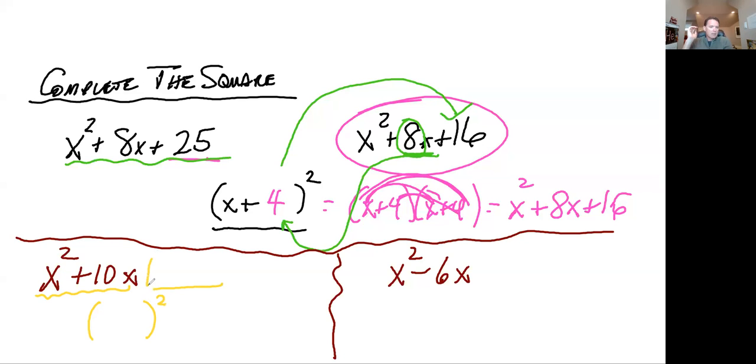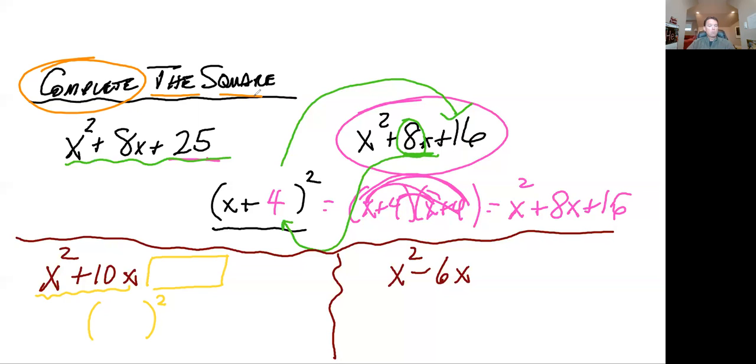It's missing something right there. So think about what I just said. It looks like it's almost a perfect square, but it's not complete. What do you think we should do? Maybe we should complete the square.